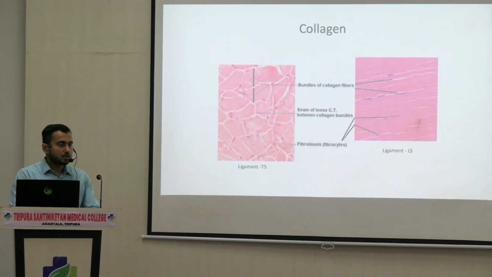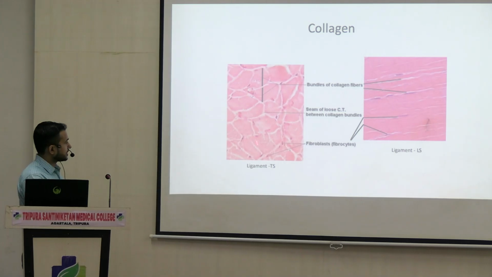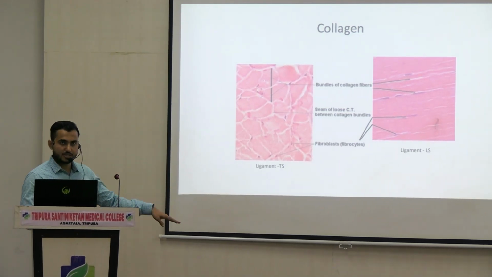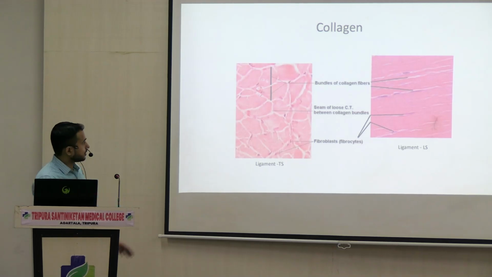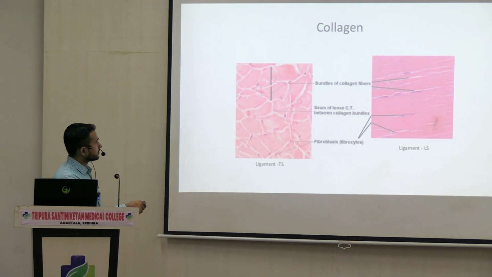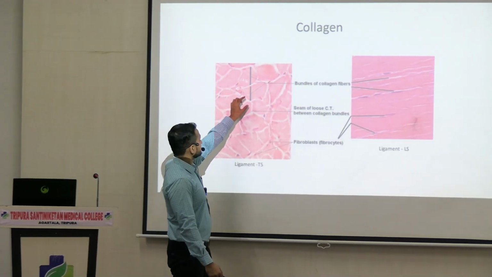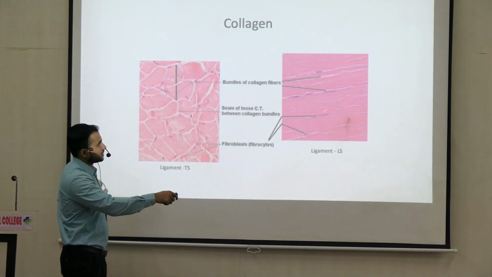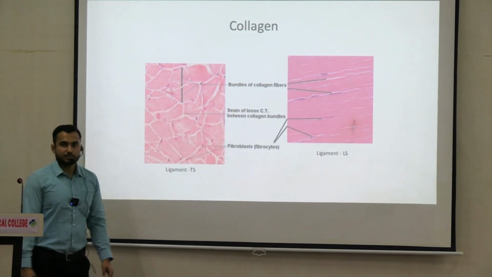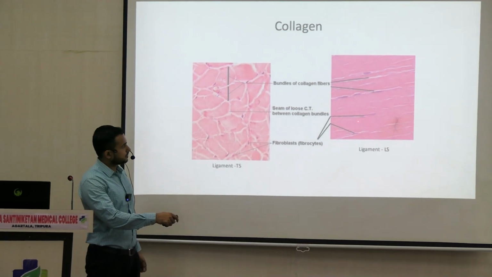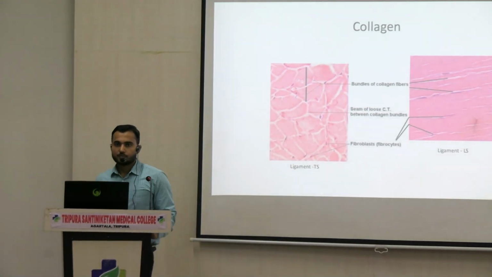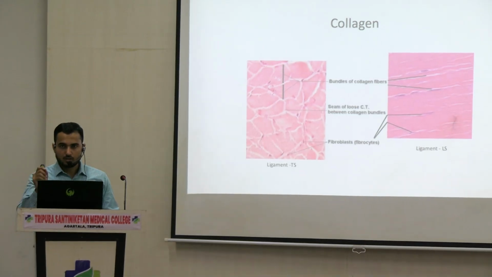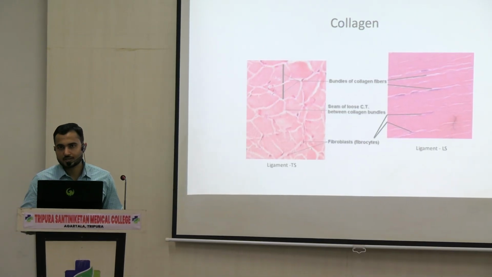So if you see the ligaments, this is the TS of ligament. This is the LS of ligament. I hope you know what TS and LS are. Okay. So in there you can see these are the bundles of collagen fibers. Now here also you can see these are the bundles of collagen fibers. And some cells which you see over there, these are the fibroblast cells. Okay. So this is an example of where the collagen fibers are situated.